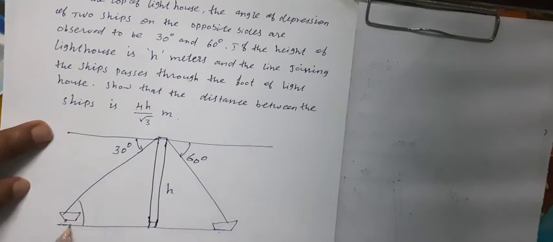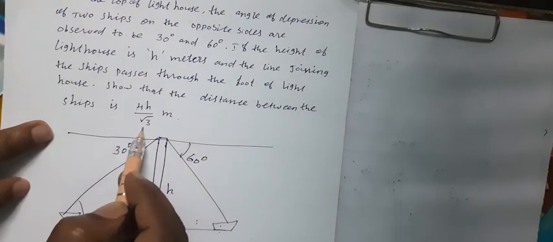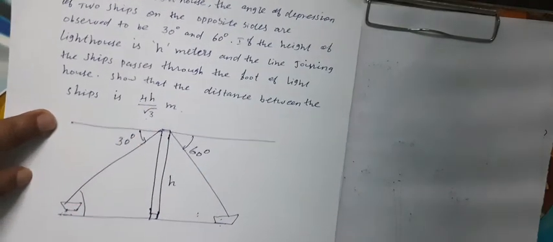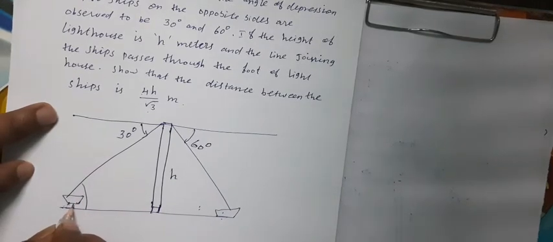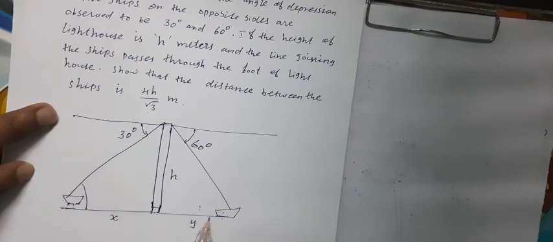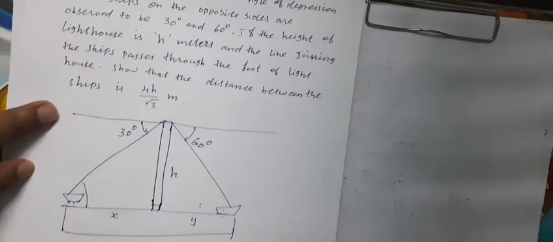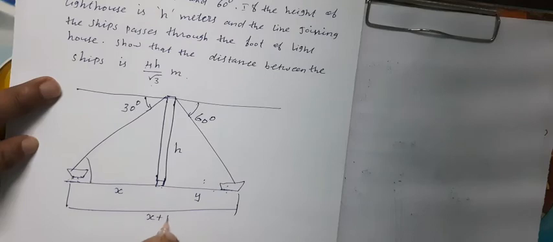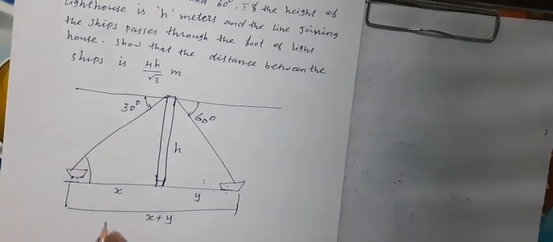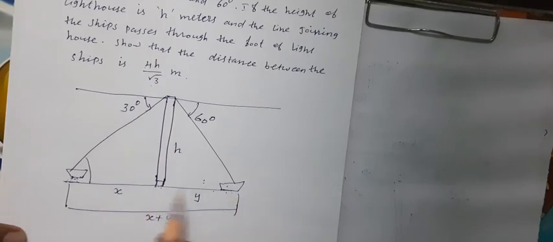You want to prove this. I take the distance from the first ship to the lighthouse as x, and from the lighthouse to the second ship as y. So the distance between the two ships is x plus y.